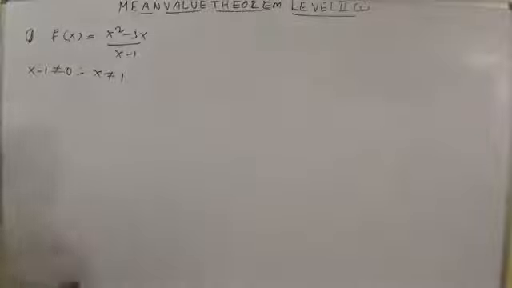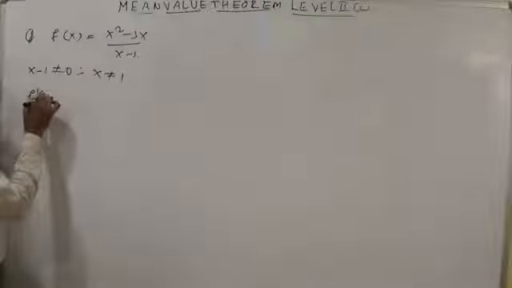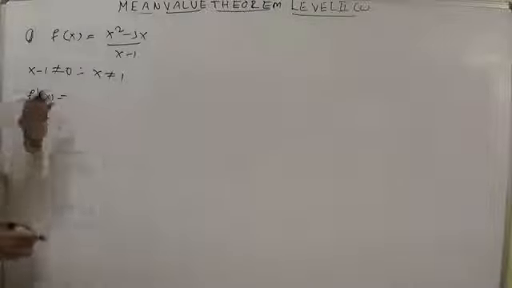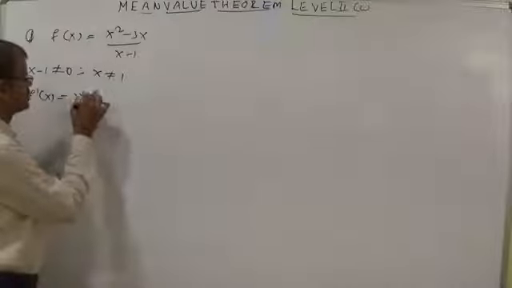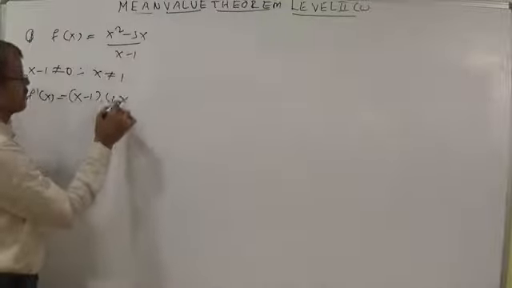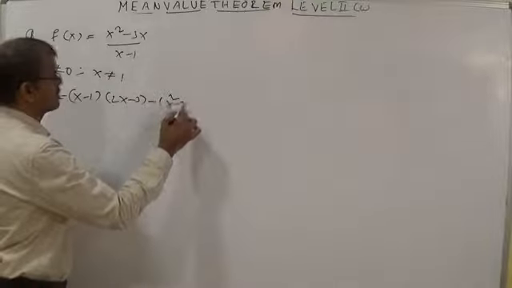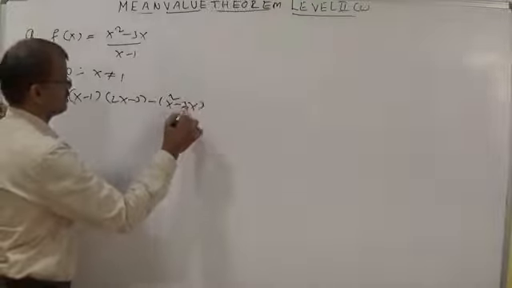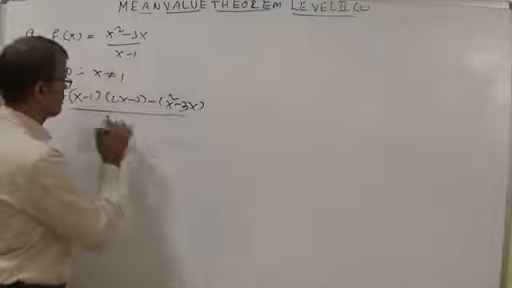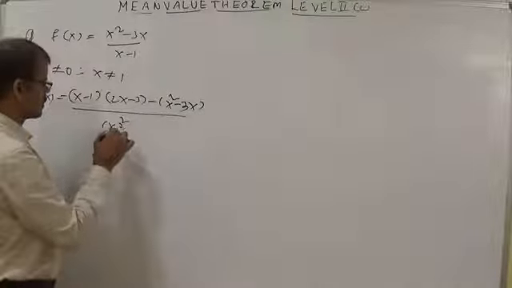So let us calculate the derivative. F dash x I am writing, using the u by v formula, (vu dash minus uv dash) by v square. That is (2x minus 3) times (x minus 1), minus (x square minus 3x), by (x minus 1) whole square.